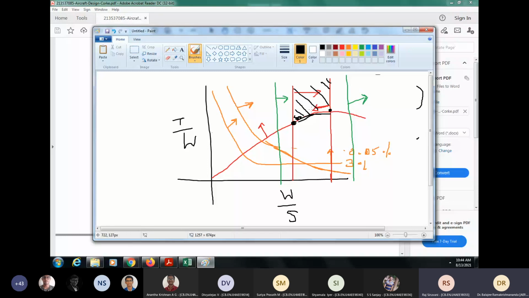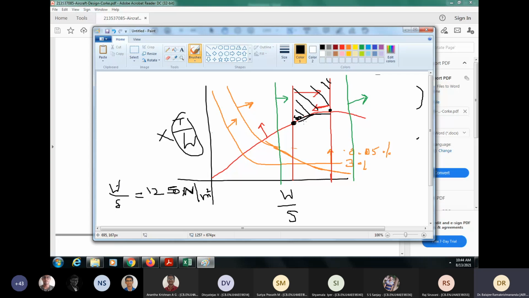So finally, in the report, I don't want T by W now. This is only for this one. I want what wing loading I have selected. I'll say wing loading is 1250 Newton per meter square. This is what I want.